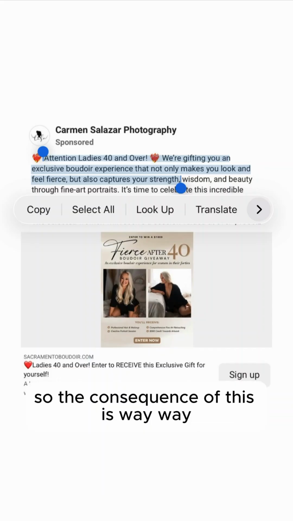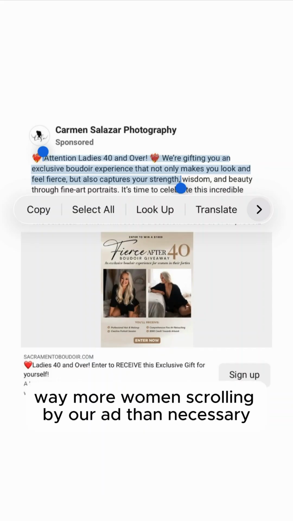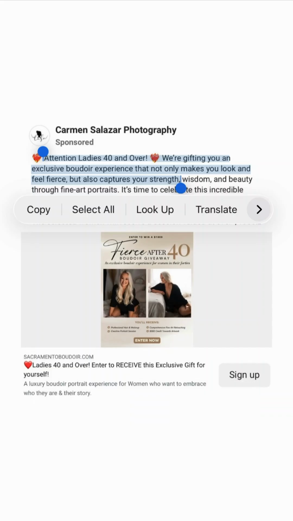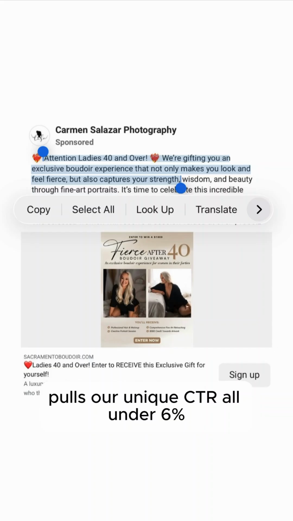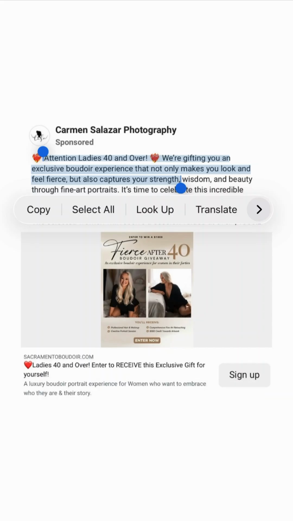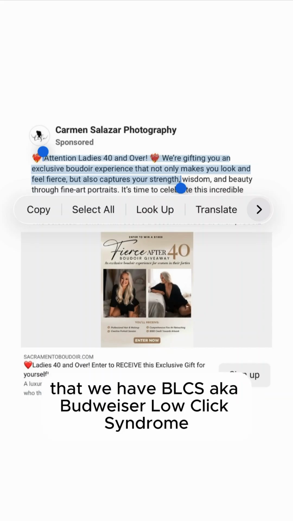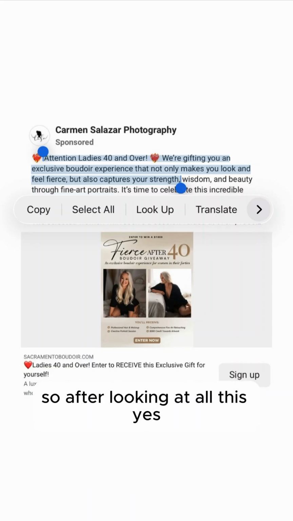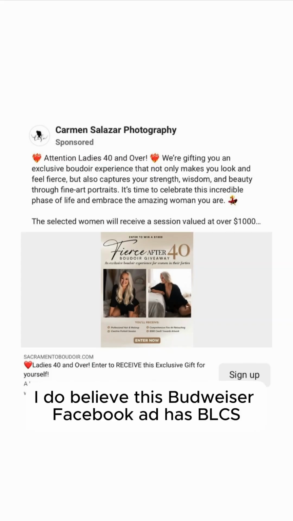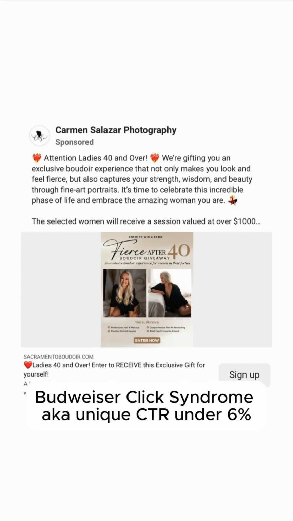So the consequence of this is way more women scrolling by our ad than necessary that we could have not had happen, and pulls our unique CTR under 6% and actually increases the probability that we have BLCS, aka boudoir low click syndrome. So after looking at all this, yes, I do believe this boudoir Facebook ad has BLCS, boudoir low click syndrome, aka a unique CTR under 6%.